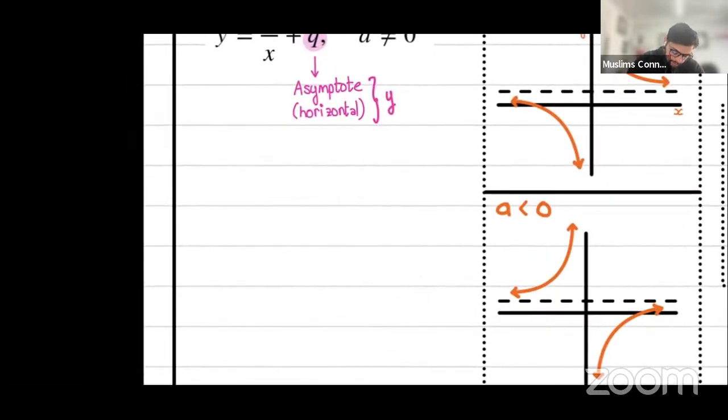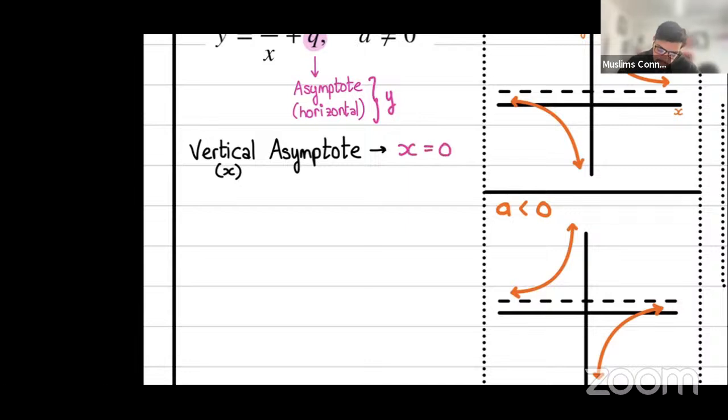We have a vertical asymptote, which is an x asymptote, and this has the equation x is equal to 0. And that is the equation of the y-axis.